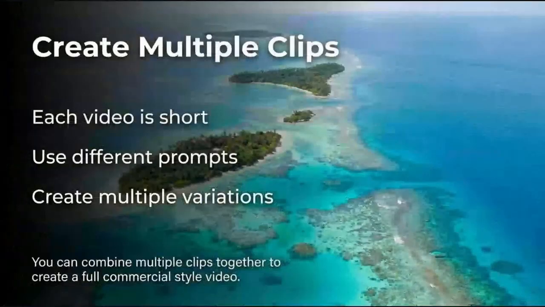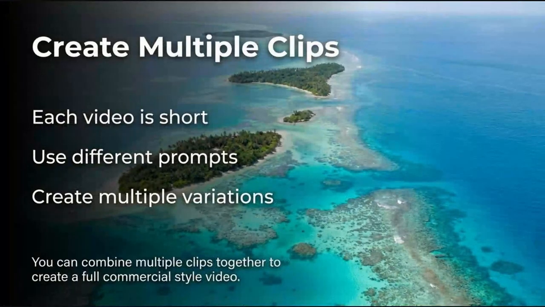Okay. So the pro tip, like I was saying, each video is considered a short. So if we want to make it a full commercial, we're going to make multiple short versions. So we're going to take those multiple clips, combine them together. You can use different props. You can create multiple variations. You can even take that photo, like the one photo I had of her, I made a March commercial using the same thing.